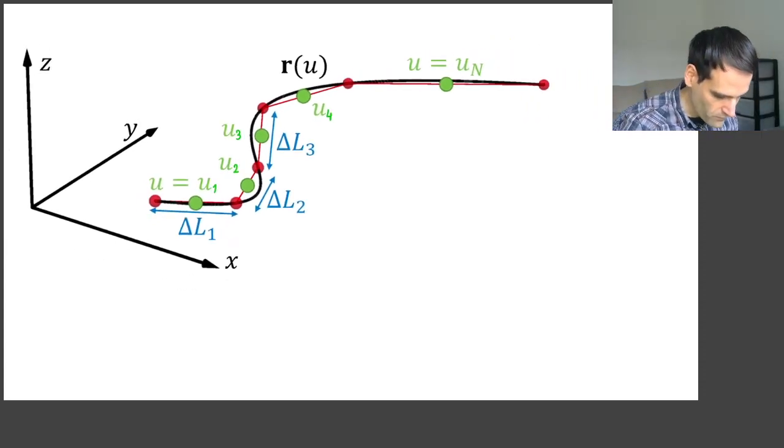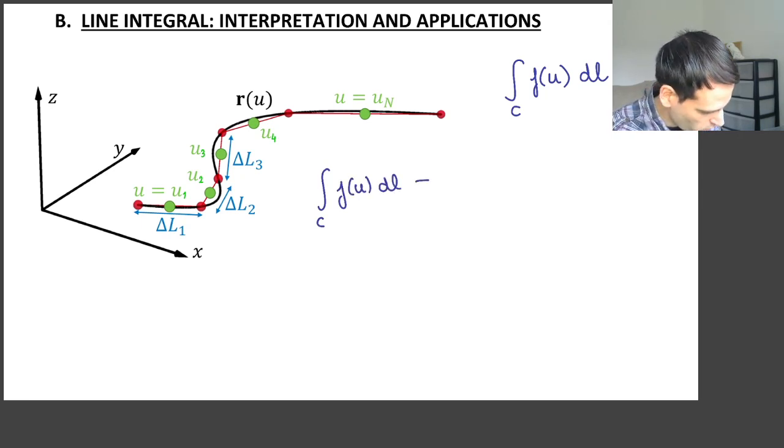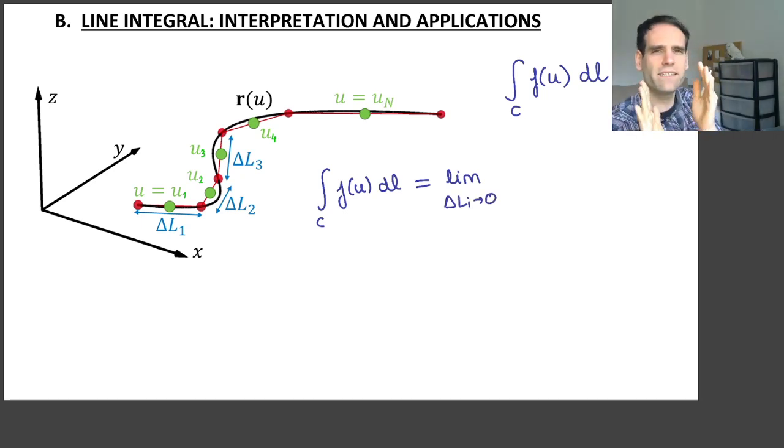Okay? So now what we do is that we say that this integral along the curve of f(u) dl is equal to the limit when the delta l's go to 0, means that we are cutting into smaller and smaller segments until at the end we have an infinite amount of infinitesimally small segments.